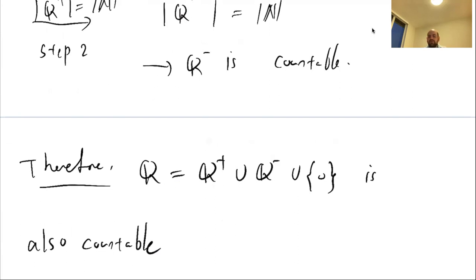And union of countable sets. So here I have a union of 3 countable sets.